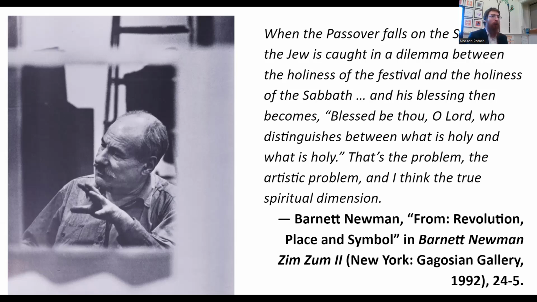But on the festival, we don't distinguish between the holy and the mundane because we're beginning a holy festival. So instead we make a blessing, we do have Havdalah, separation, but we distinguish between the holy and the holy. And he points to this and says, this is what my art is about. This problem of how to distinguish between one kind of holiness and another kind of holiness. Okay.